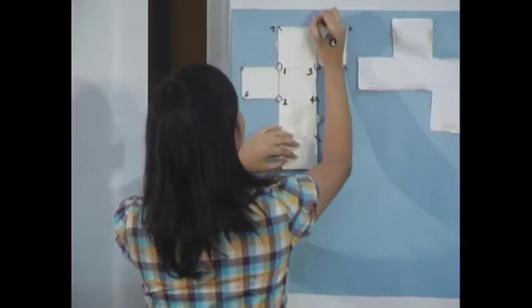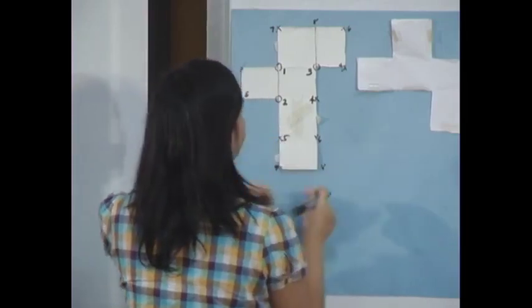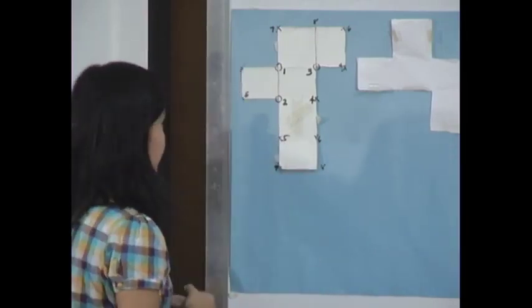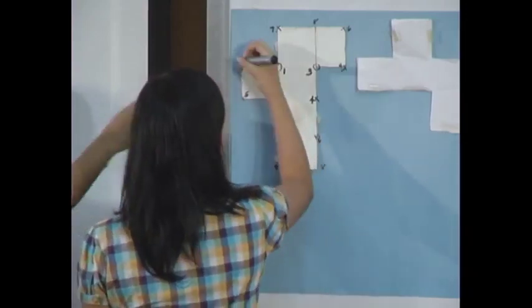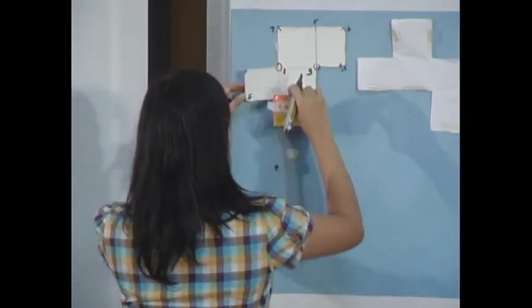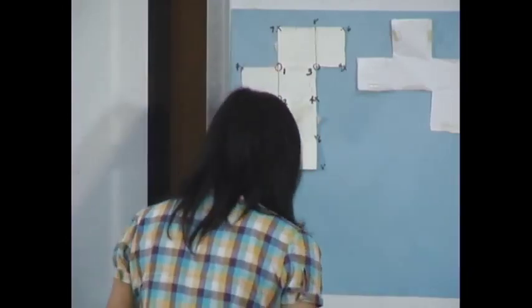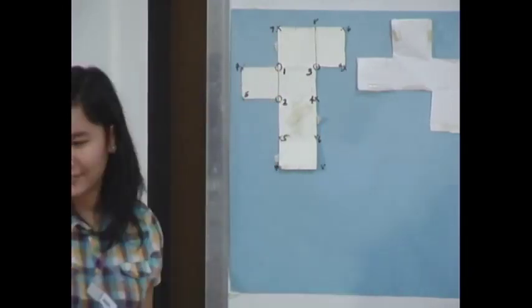Where's the 8th one? How about this corner here? What will happen to this? It should be 7. Okay? So now it's more difficult, right, to imagine where the vertices are.